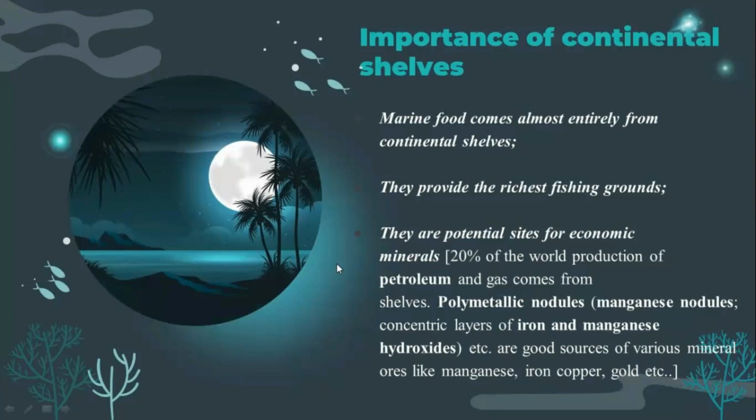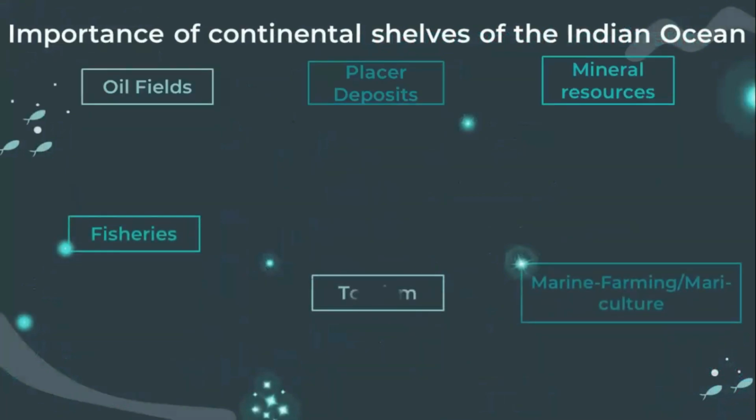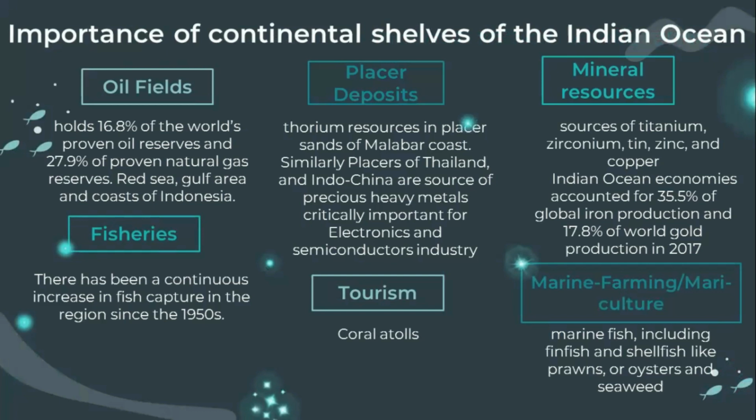rich fishing ground. Also, they are potential sites for economic minerals. We find petroleum, gas, various polymetallic nodules like this over here. So we find various minerals, various fuels, etc., from the continental shelves. Now let us see the importance of continental shelves for the Indian Ocean. First of all, with respect to oil fields.